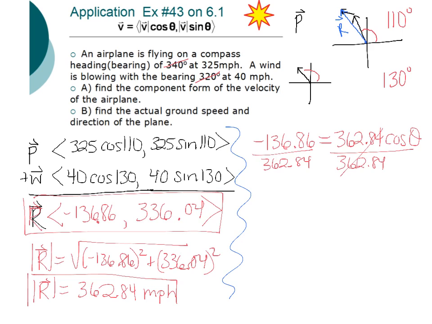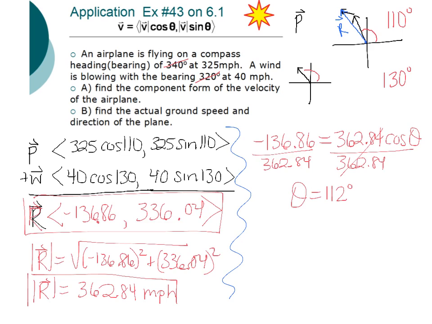And then we'll have to do inverse cosine on it. All right, so I get a negative 0.377, but I have to do second quadrant cosine, second answer, and my theta ends up being 112 degrees.